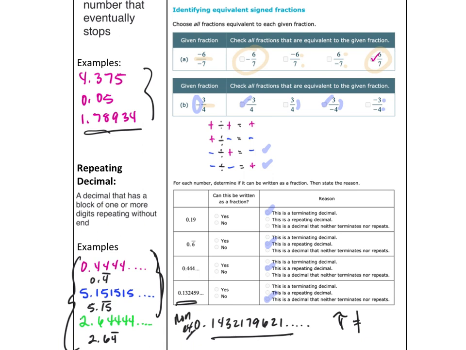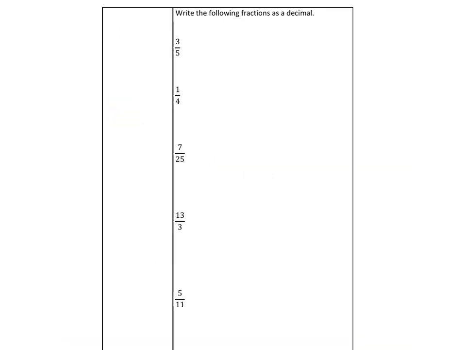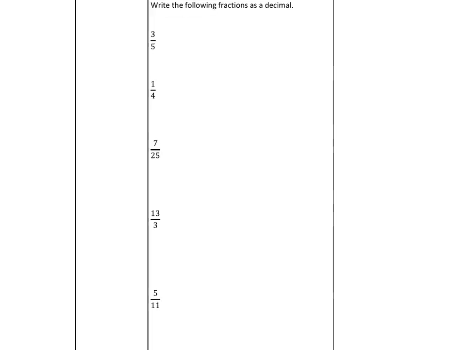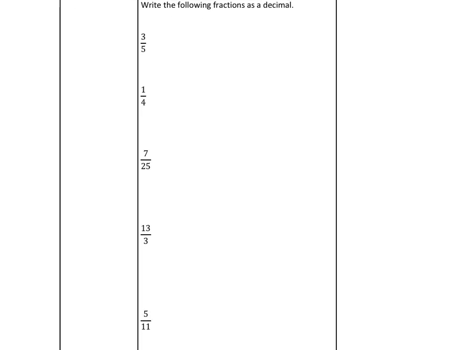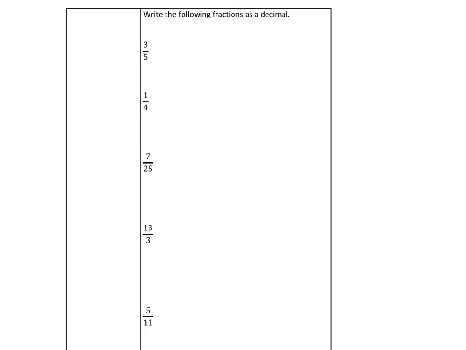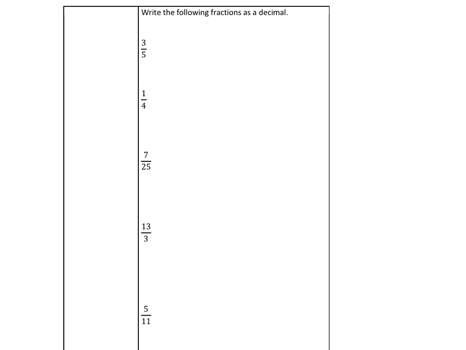Okay, when you look at these, I'm thinking you could probably already do this. So why don't you go ahead and write these as decimals? You can't use a calculator, but if you can write them one way or another, then go ahead and do them right now, and you'll be done. I'm going to check to see if you know how to do it. So hit pause, do these, and see if you know how to do it.